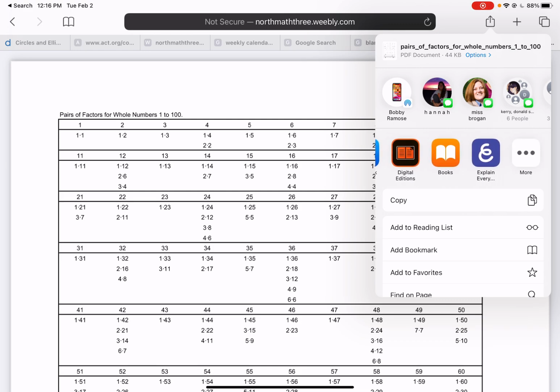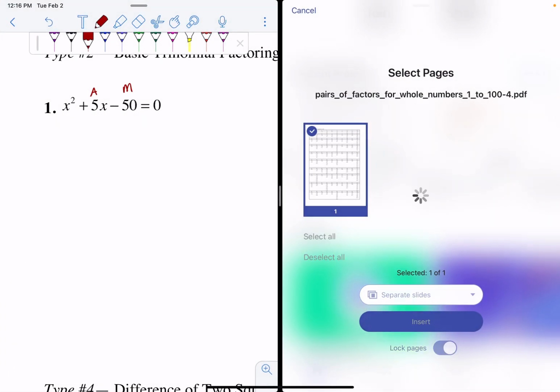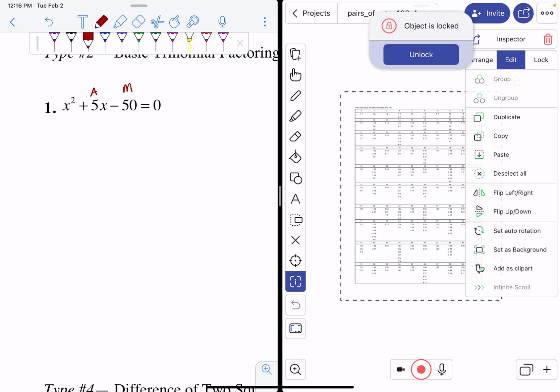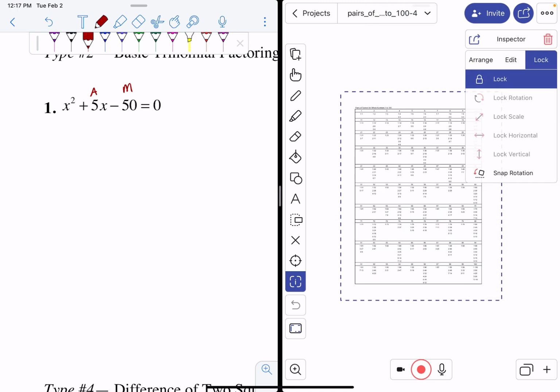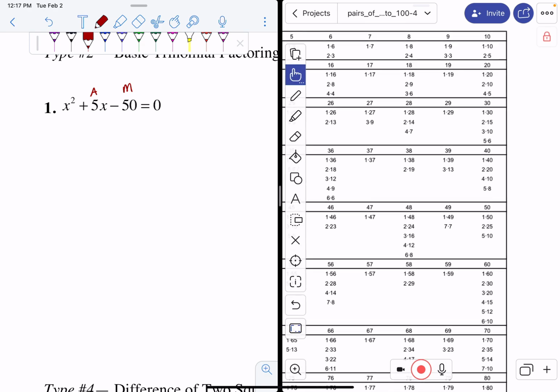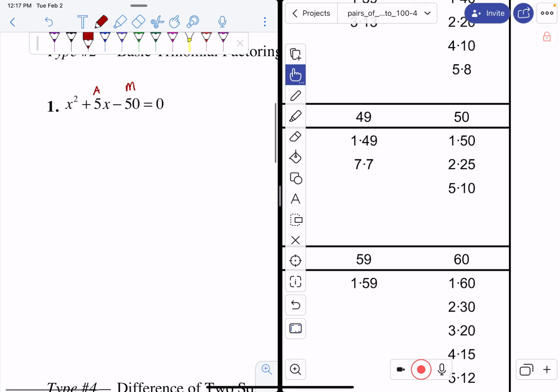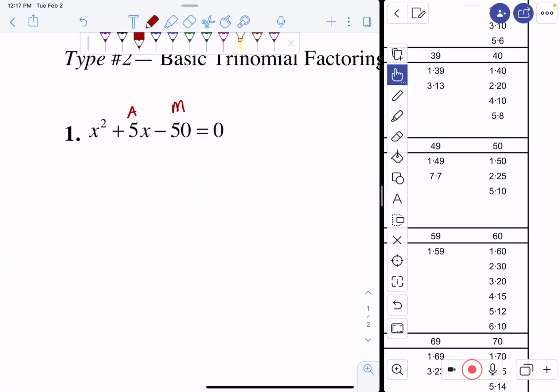Where is Explain Everything? Here it is. Perfect. Okay, so I want to go to the number 50 because I want all the numbers that multiply to 50. And the number 50 is right here. So I want 50, 1 and 50, 2 and 25, and 5 and 10.